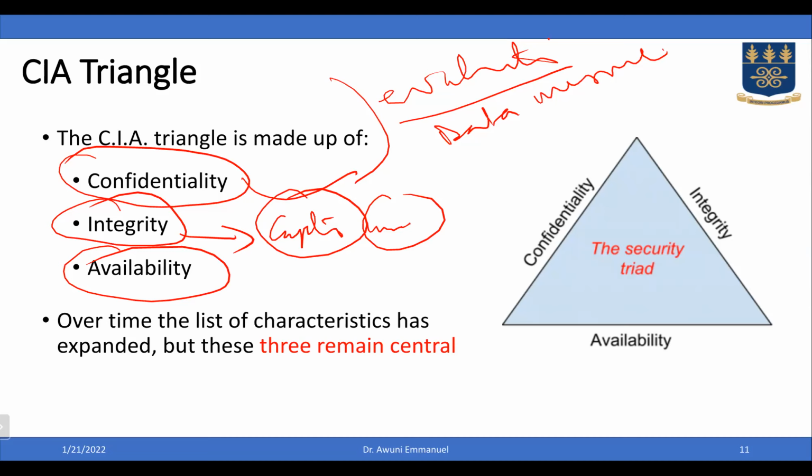The availability is not about making it available even to unauthorized users, but rather making it available to people who are supposed to have access to that data.